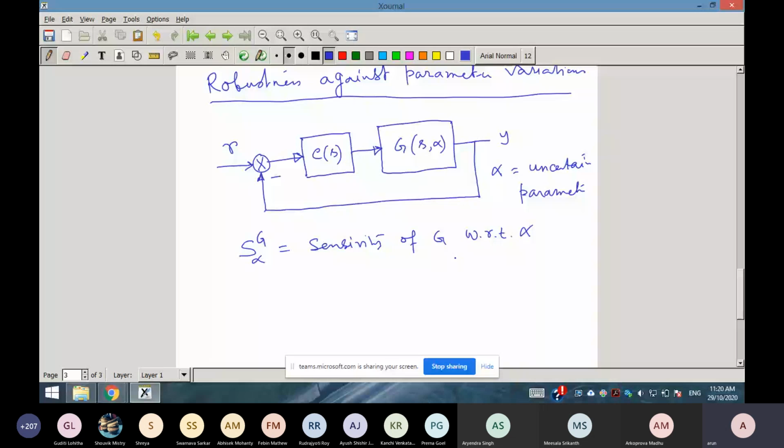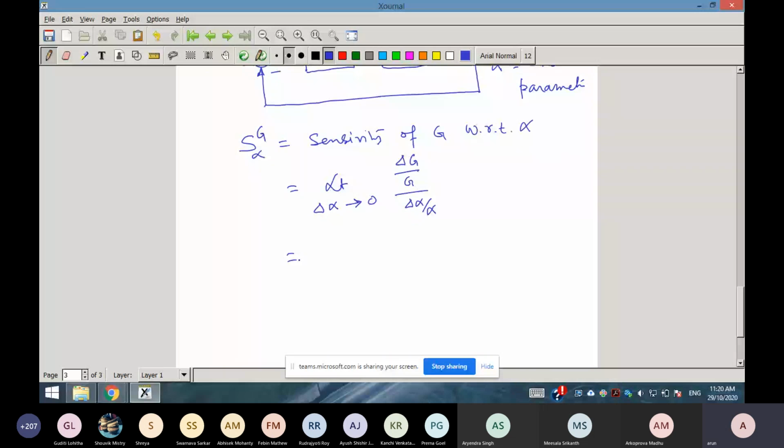This I will define like this: limit delta alpha tends to 0, delta G by G divided by delta alpha by alpha.